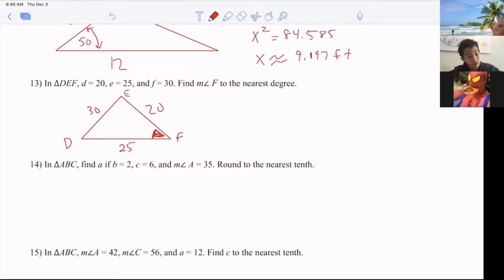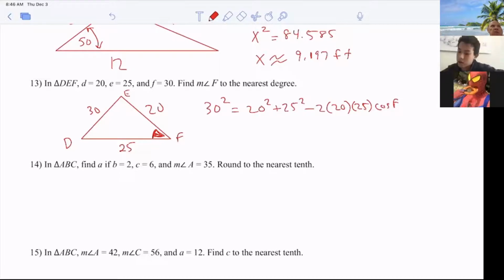So now 30 squared equals 20 squared plus 25 squared minus 2 times 20 times 25 times the cosine of F. All right, now this is where I told you got to be smart. So you're doing 30 squared minus 20 squared minus 25 squared. Then you must hit the equal sign or enter.